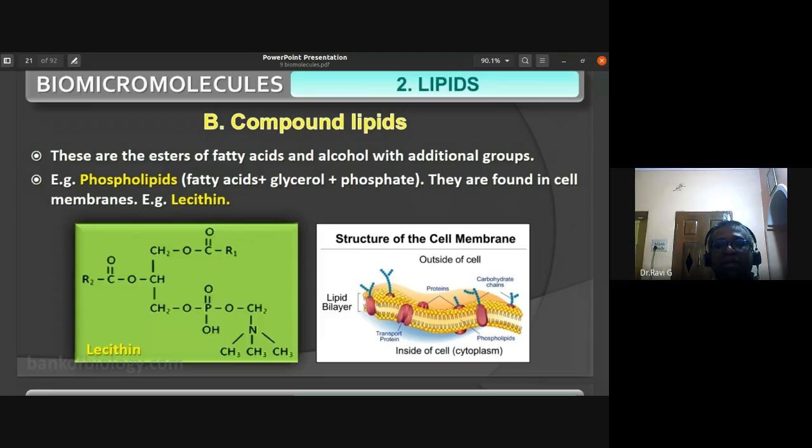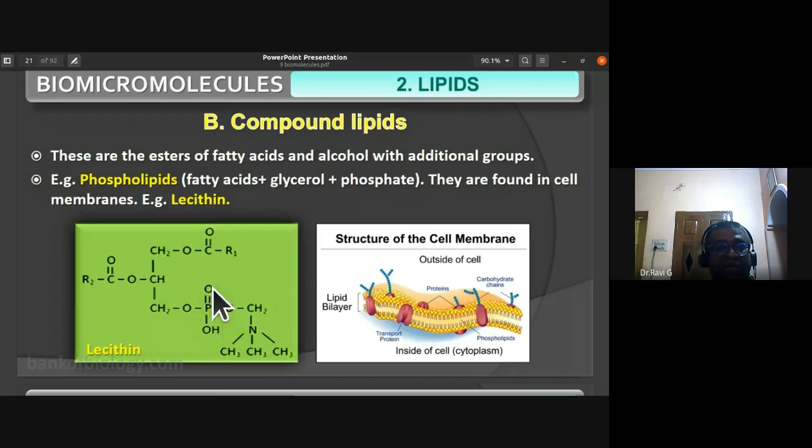So the compound lipids have additional groups. They are the esters of fatty acids and glycerol with additional groups, like a phosphate group, and we call them phospholipids, where they have fatty acids plus glycerol plus phosphate. They are found in the cell membranes. Example is lecithin, where you find an additional group, that is the phosphate group.